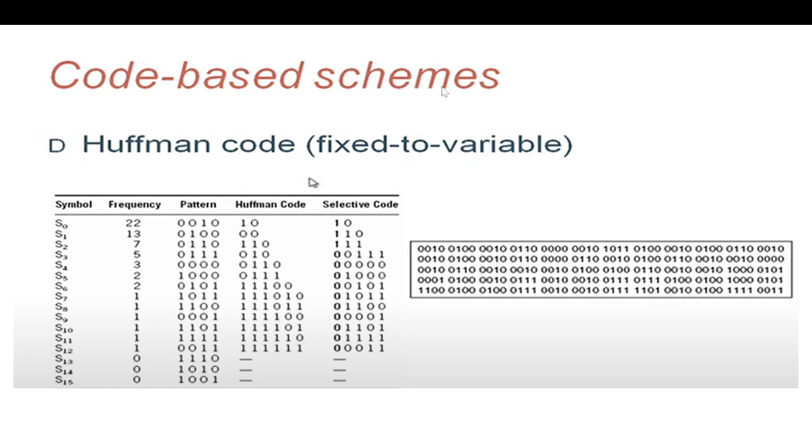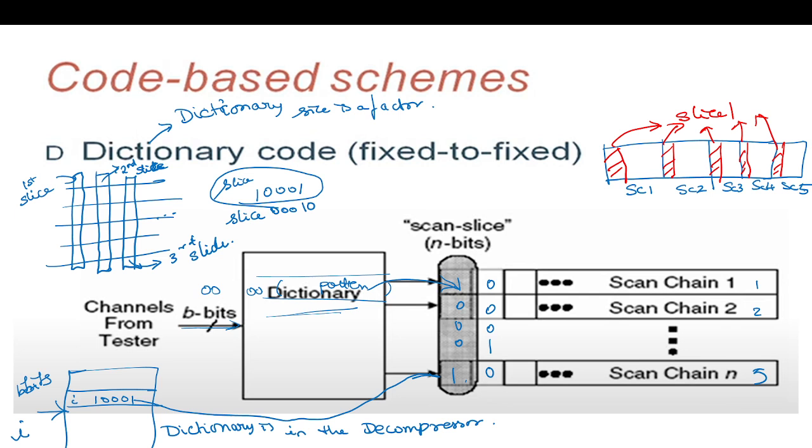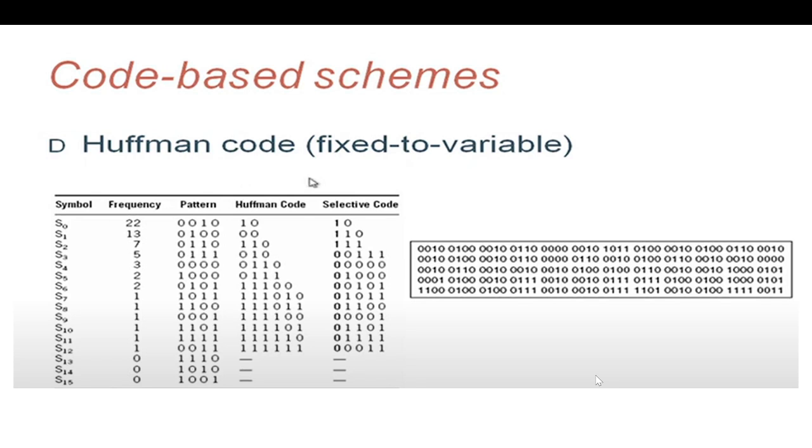So now in the Huffman code, previously it was fixed to fixed, because every index in a dictionary is also a fixed number of bits, and the index will store a fixed number of bit values. So it was like 10001, which was 5. Again 3010 is also 5 bits. So every index will have a 5 bit output. But in the Huffman coding, you can see the length can vary.